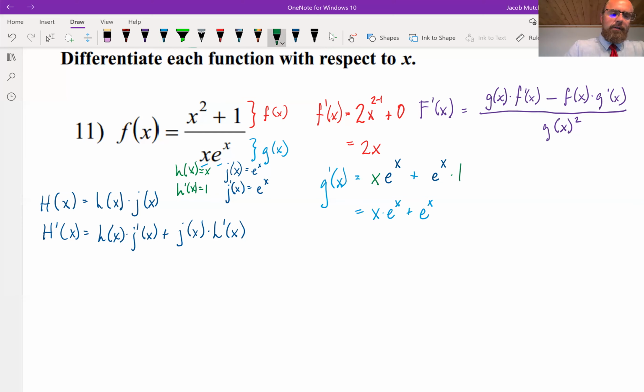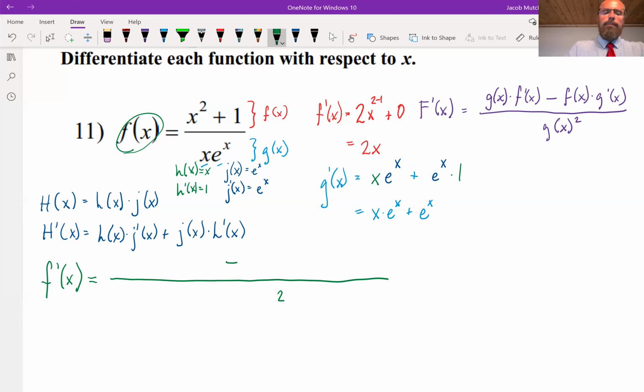So now I want to work on taking the derivative of the whole fraction, which is this original big F of x. Set up my numerator, and remember it's a minus up there, and down below it's a square. So let's fill in the parts. And again, it helps to label stuff because that way you don't have to go farther than just saying what's my label. So g of x here is that original, x times e to the power of x.